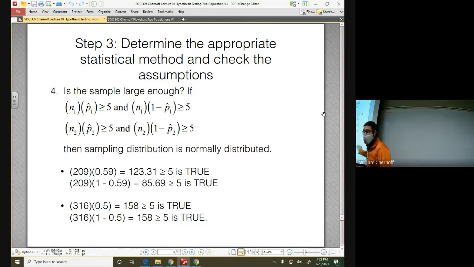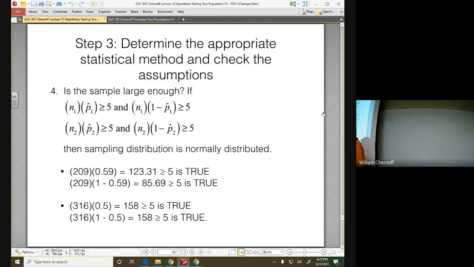Then we go to the second sample. We check 2 criteria there. We take our sample size, multiply it by the sample proportion among the inmates. Here we get 158. This number is greater than or equal to 5. So this criteria has been satisfied. And then here we take our sample size, multiply it by 1 minus 0.5.